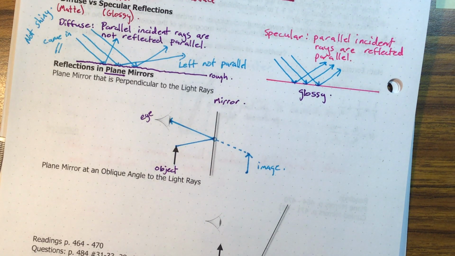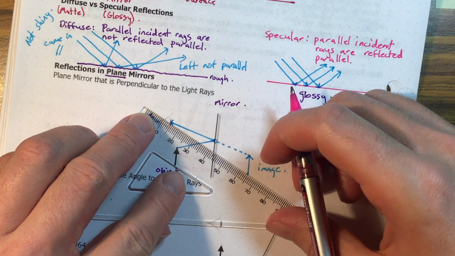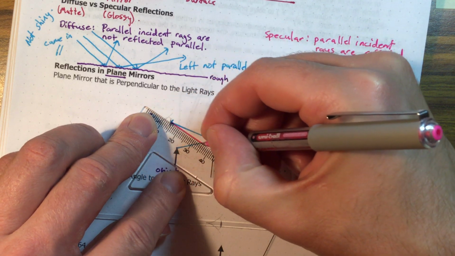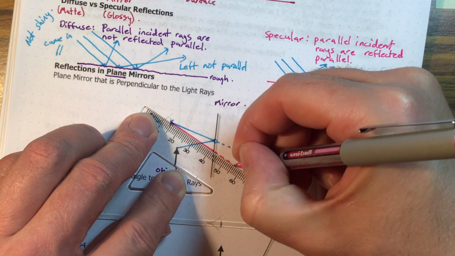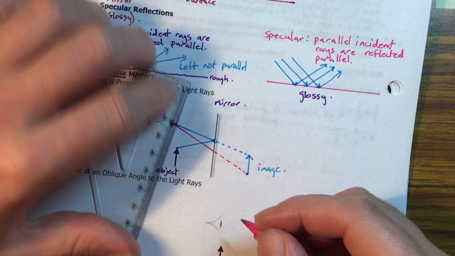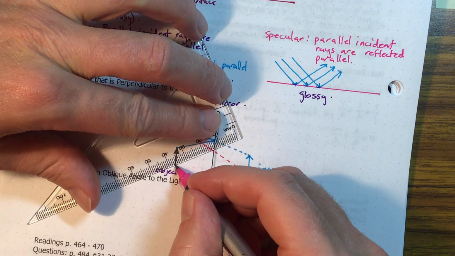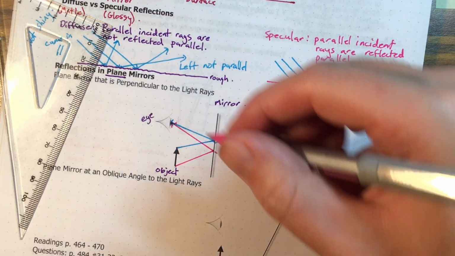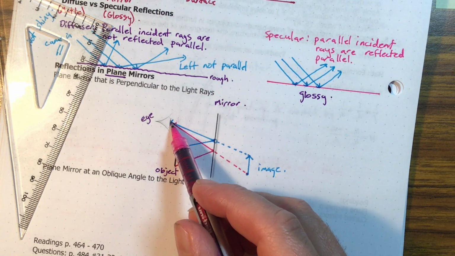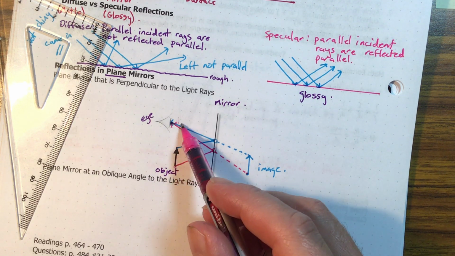Now I can also do that from the bottom of my image like this. There's my second one. There we go. So my light ray will travel from my object, hit the mirror, and bounce to the eye. This point is exactly halfway between these two heights.